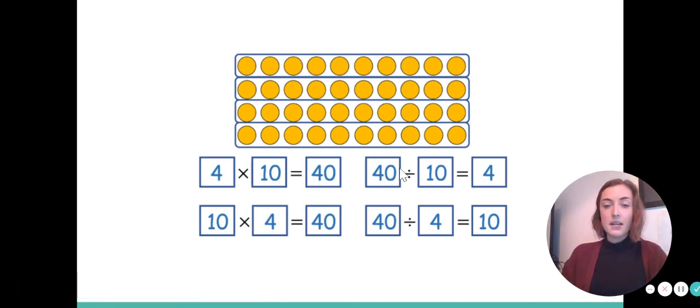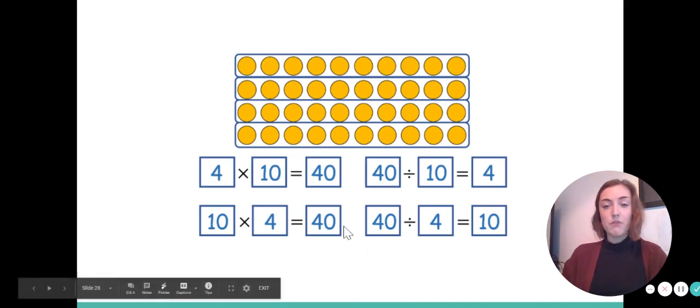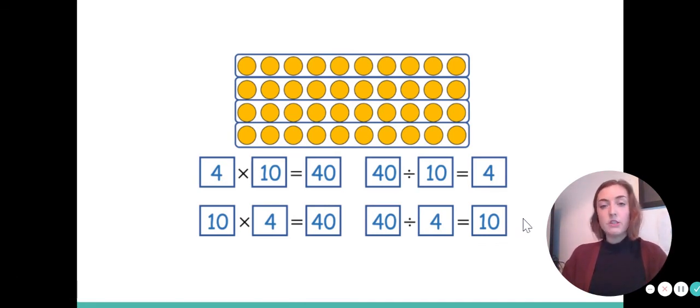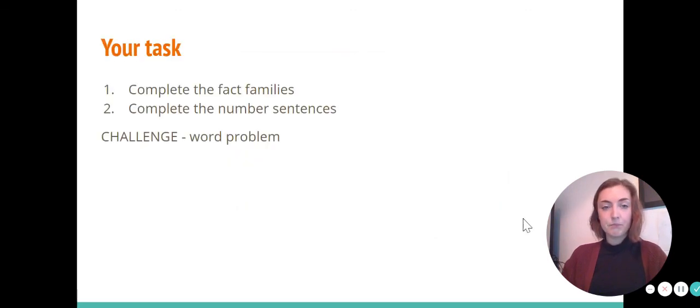When I'm dividing, I started with 40 and I put it into groups of 10, which gave me 4 groups. 40 divided by 10 equals 4. Then I looked at sharing, had 40, shared into 4 groups, made 10 in each group. 40 divided by 4 equals 10. Well done if you got those right. Please do not worry if not, but hopefully you're starting to see a pattern.